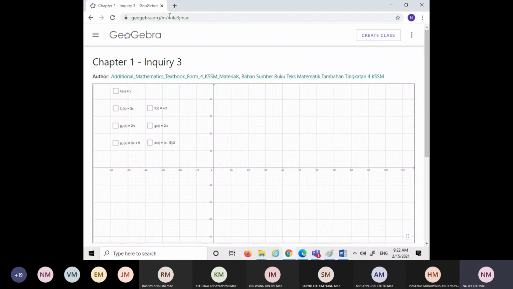So you see, this 3x and x over 3 are the inverse of each other. This one will show the graph. They straight away draw the graph for you: 3x, and then the inverse of 3x is x over 3. Okay, this is the graph.